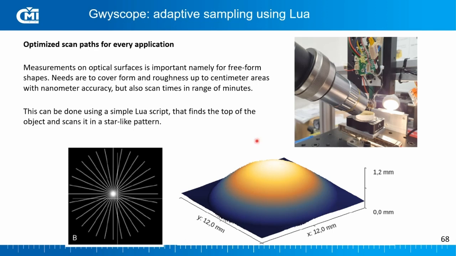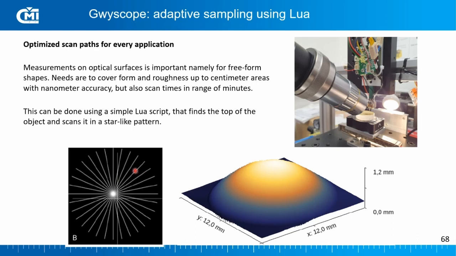Using the Lua script, you can easily, again, write a simple script that finds the top position of the lens and then performs some kind of smart motion across it and produces data that are measured much faster than if you would really do a raster scan over all the lens.